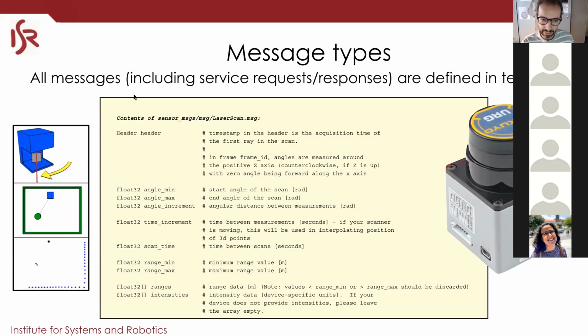This text file is compiled into include files for Python and for C++. In Python, messages become classes, and in C++ the same thing, also classes. One message type is a class, and one message will be an instance of that object in Python and in C++. A message is simply a data structure with fields.